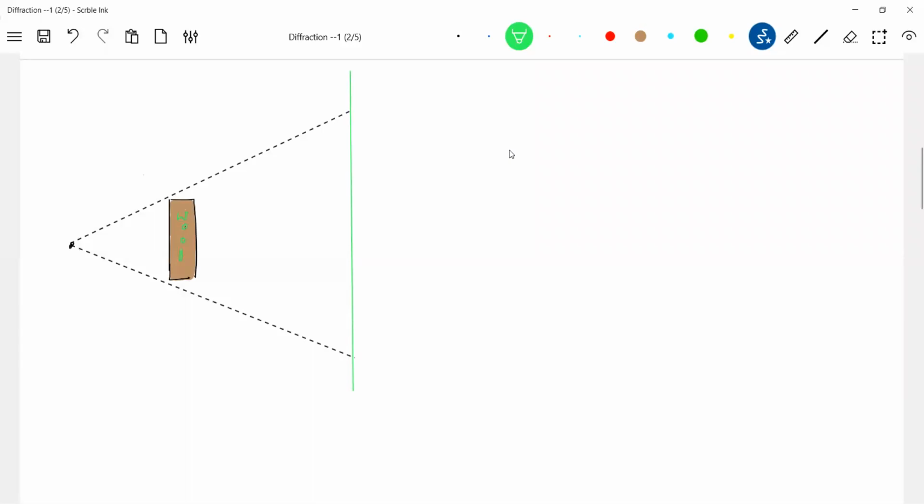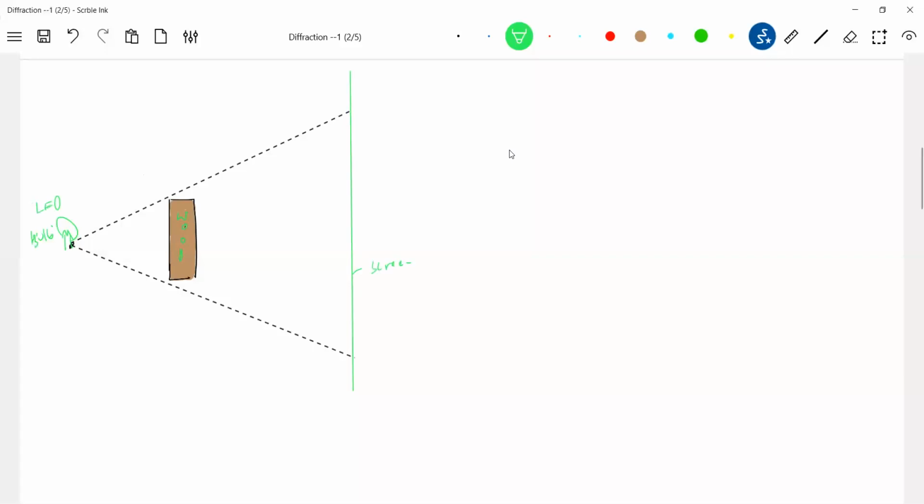What do you expect? Here I kept a bulb, white light, let's assume an LED bulb, and the screen. What do you expect on the screen?